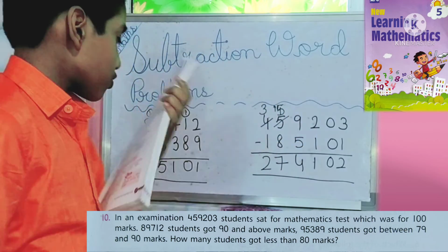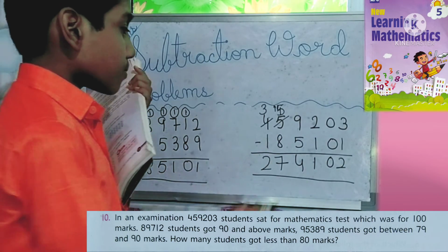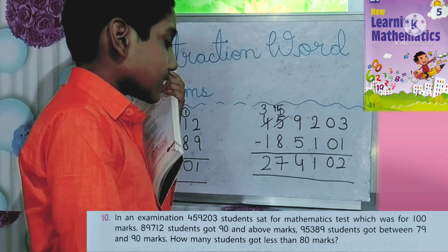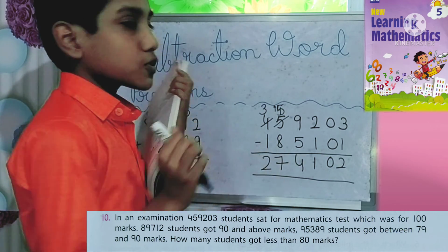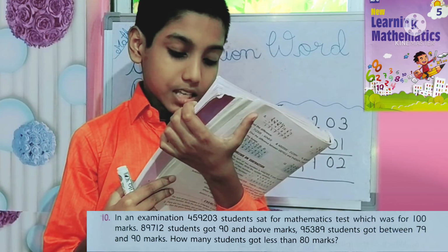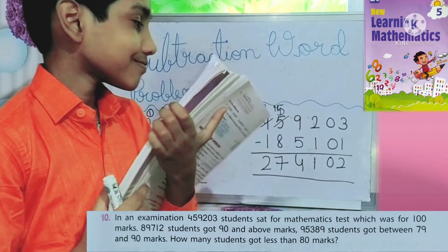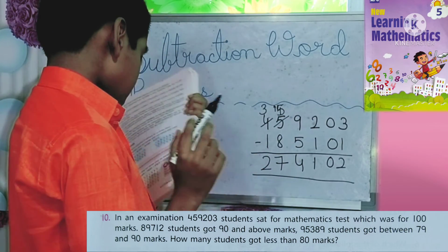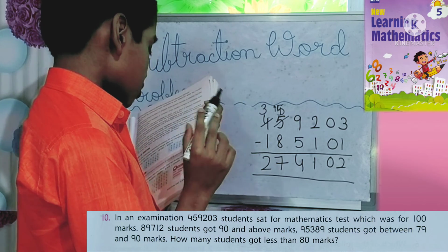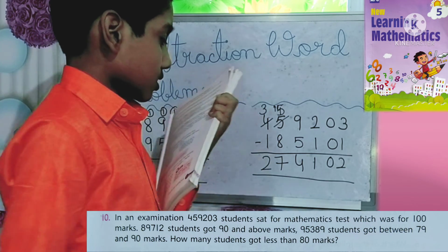After that we have to subtract this many students from the total number of students, and then we will get the number of students who got less than 80 marks. Your answer will be 274102 students got less than 80 marks.